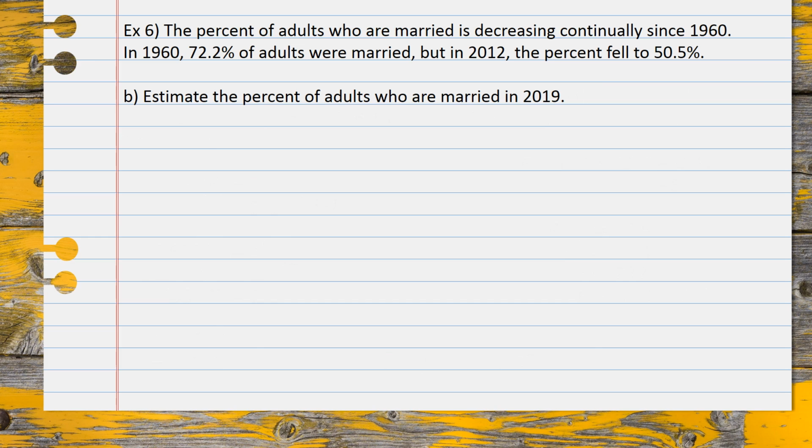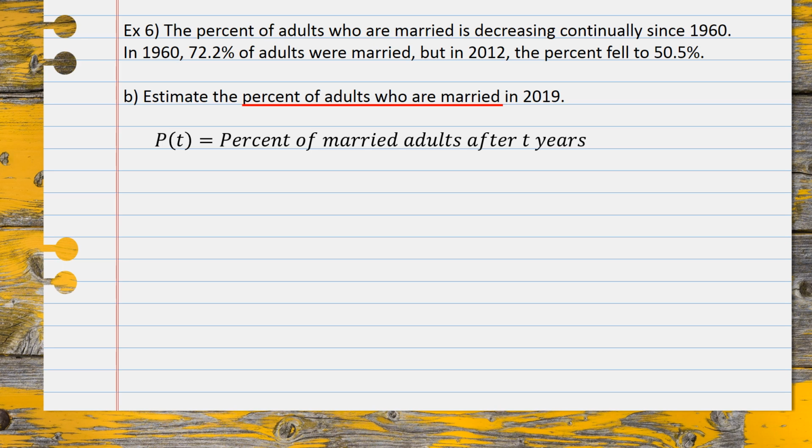Part B asks us to estimate the percent of adults who are married in 2019. Now, what are we trying to solve for? Percent of adults who are married, which means we need to define our variable. Since we're looking for the percent, we will say that P of t equals the percent of married adults after t years.